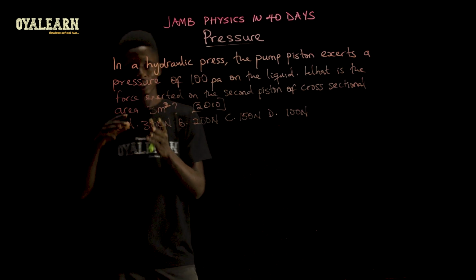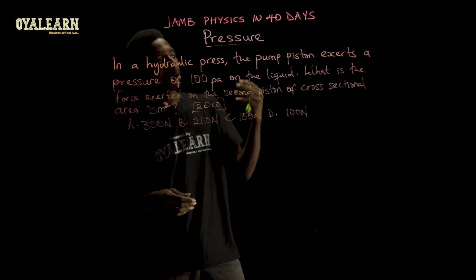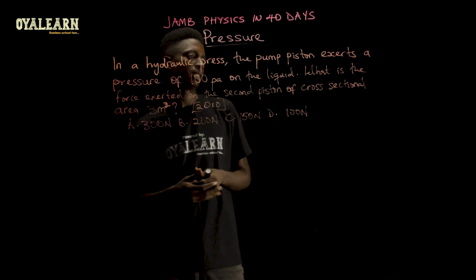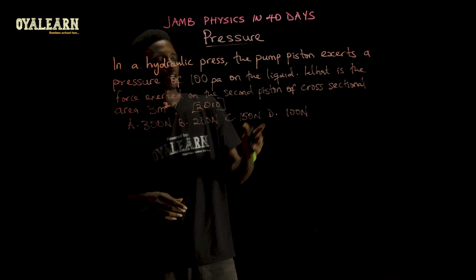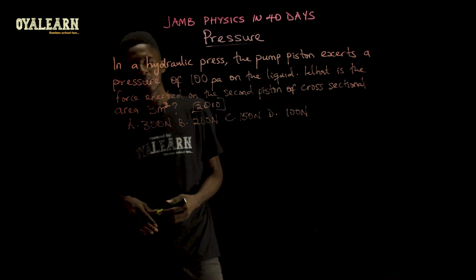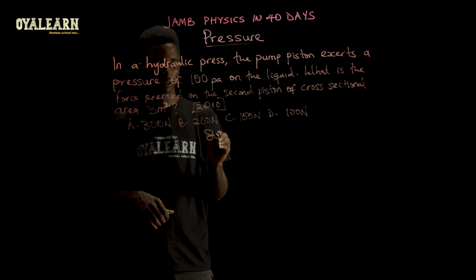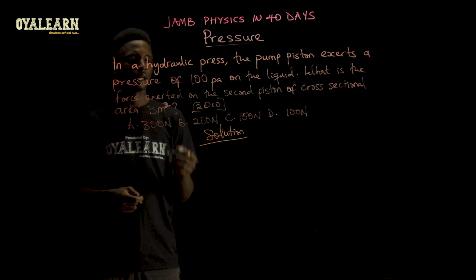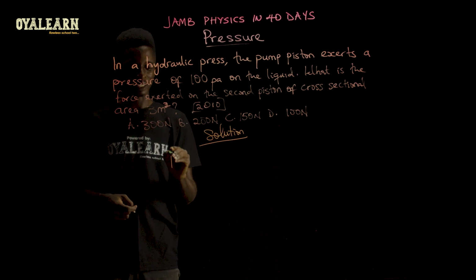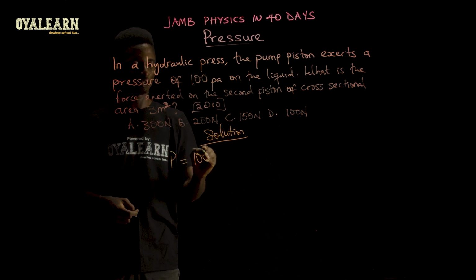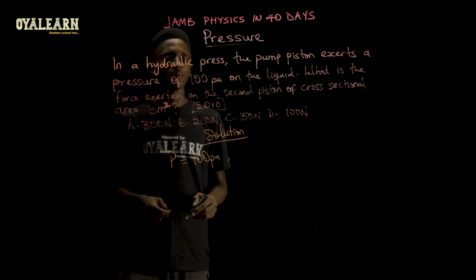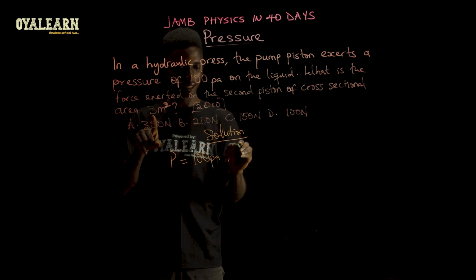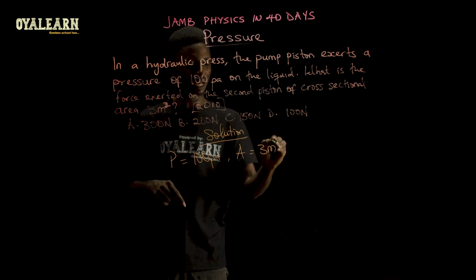Now, this question says, in a hydraulic press, the pump piston exerts a pressure of 100 Pascal on the liquid. Now, what is the force exerted on the second piston of cross-sectional area 3 meter squared? So let's look at what we are given. We are told that the pressure exerted, that is pressure P, is 100 pascals. And then we are also told that the cross-sectional area is 3 meters squared.